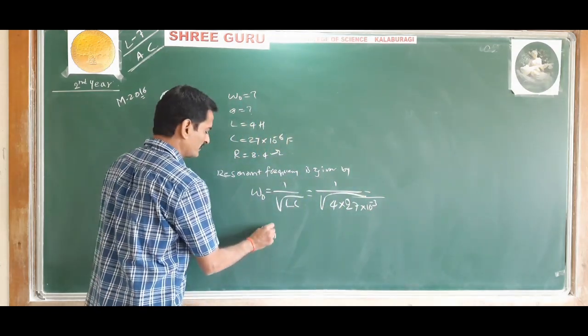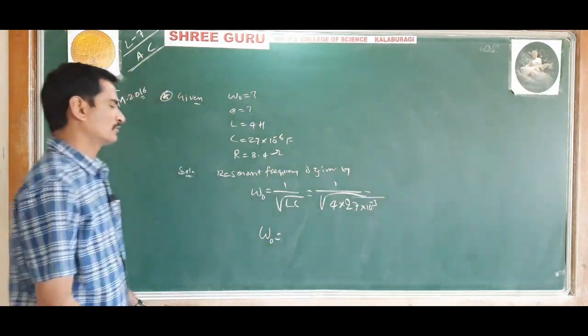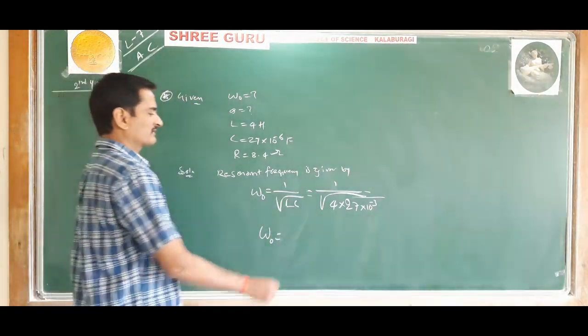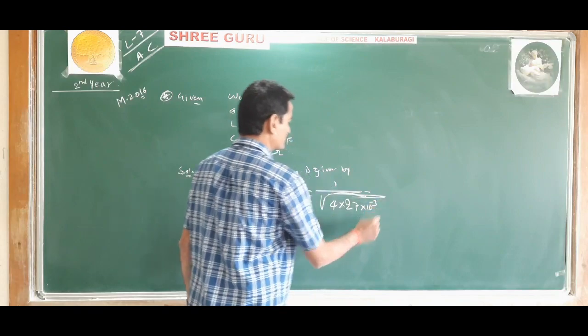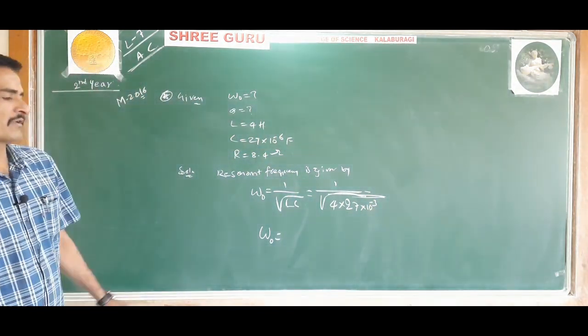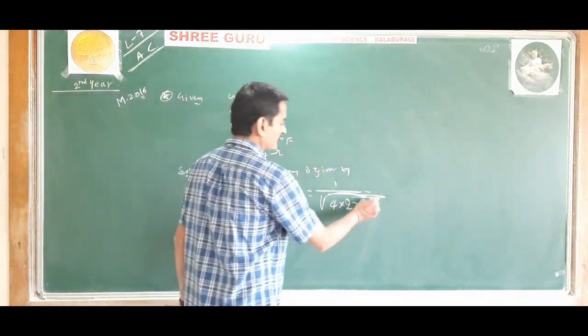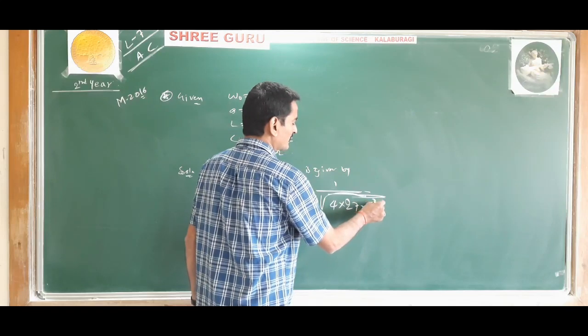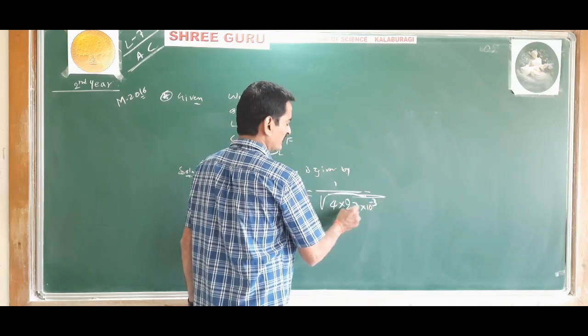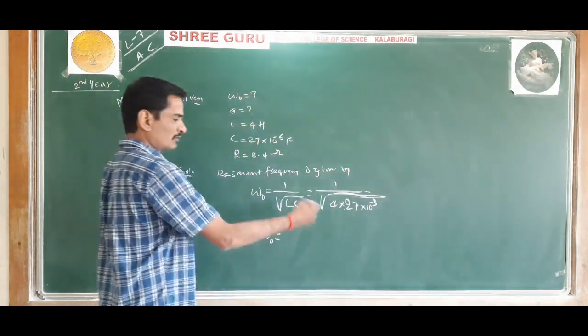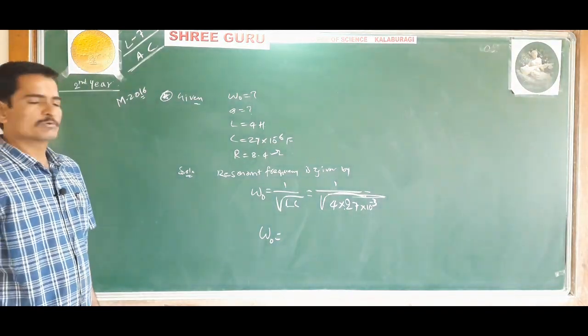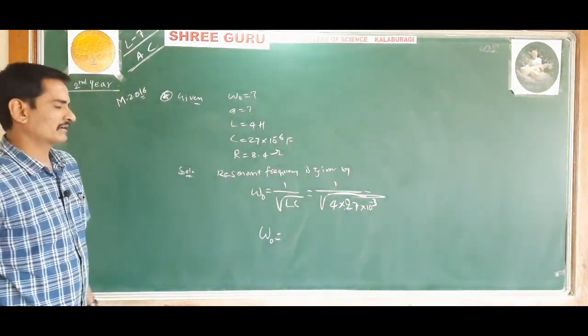So simplify this one. 10 to the power minus 3 has to be made a positive number, make it either 10 to the power minus 4 or 10 to the power minus 2 by shifting the decimals. Then take out of the root and take to the numerator, then multiply it and you get the answer.